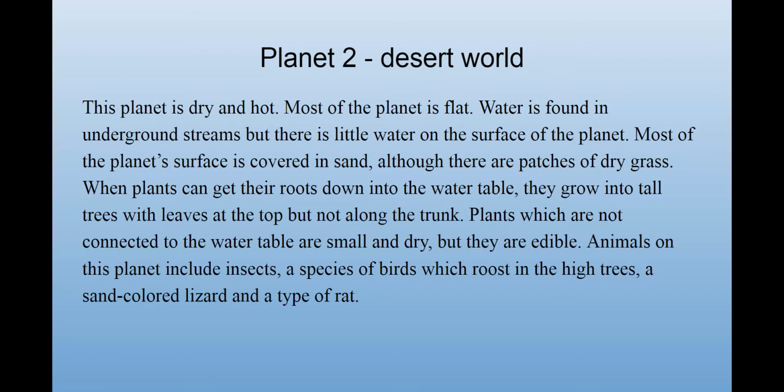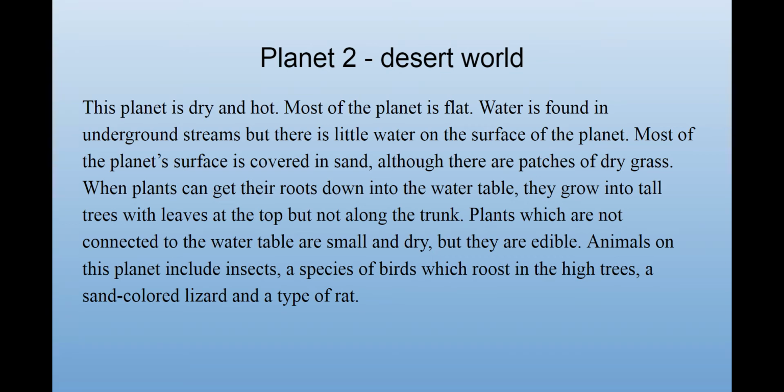Planet 2, the desert world. This planet is hot and dry. Most of the planet is flat. Water is found in underground streams, but there is little water on the surface of the planet. Most of the planet's surface is covered in sand, although there are patches of dry grass. When plants can get the roots down to the water table, they grow into tall trees with leaves at the top, but nothing along the trunk.